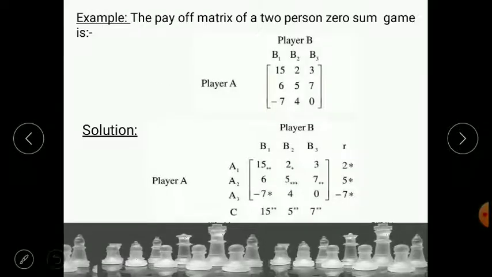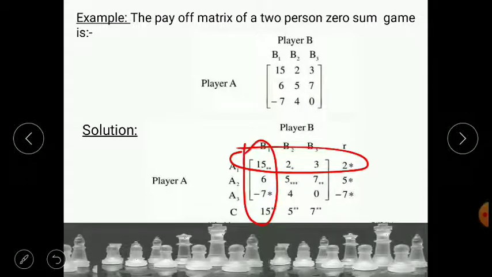Moving on, another example for saddle point: the payoff matrix of a two-person zero-sum game. Taking an example of a 3 by 3 matrix. Now here again you can see the minimum values of the row written here for each row, and maximum value written here for each column likewise, right?